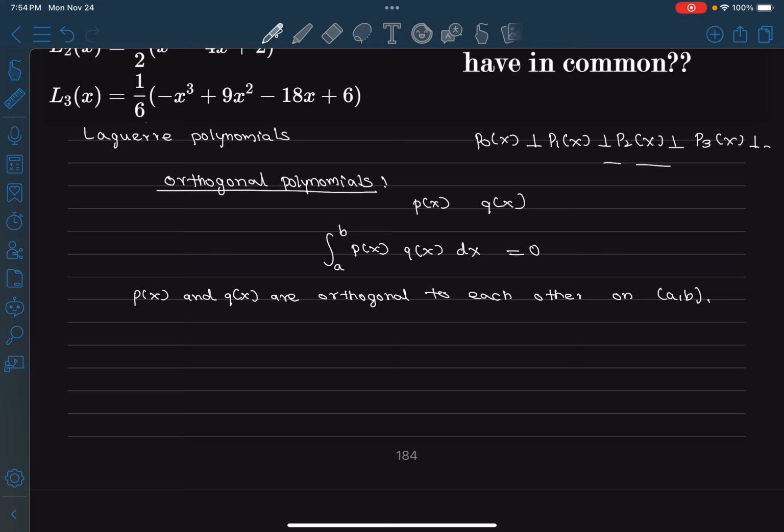So this orthogonality depends on the interval as well. Sometimes it can be -1 to 1, or 0 to infinity, or -infinity to infinity. It can be anything, so it depends on the interval. We can also extend this idea to orthogonality with respect to some weights.